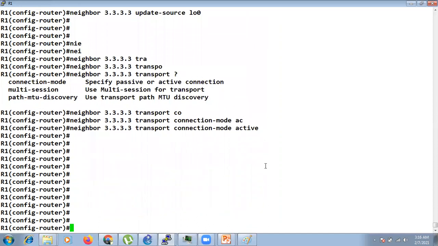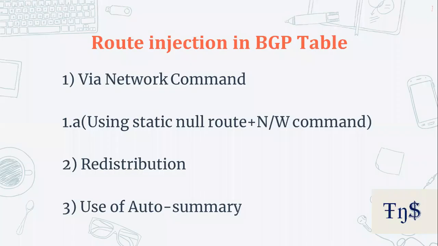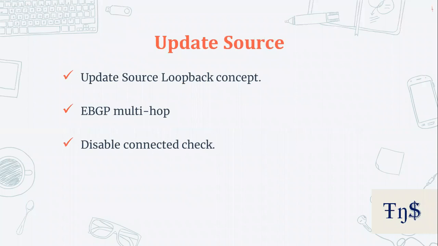We already discussed that when the eBGP neighbors are not directly connected, either we need to give eBGP multihop, or the second option was disable connected check. If I go back here, when we are using the update source loopback, that means our eBGP neighbors are not directly connected.